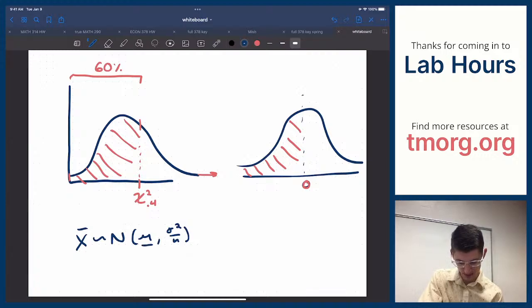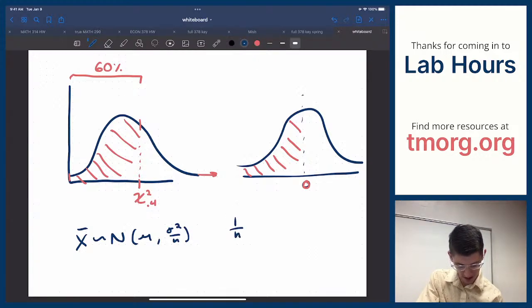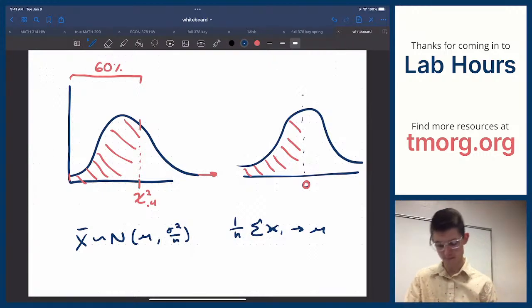The reason that this mu is here is because of the law of large numbers, because 1 over n times the sum of the x_i, the law of large numbers tells me that approaches mu as n approaches infinity, which is pretty cool.